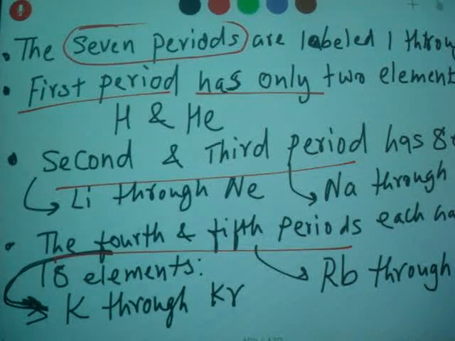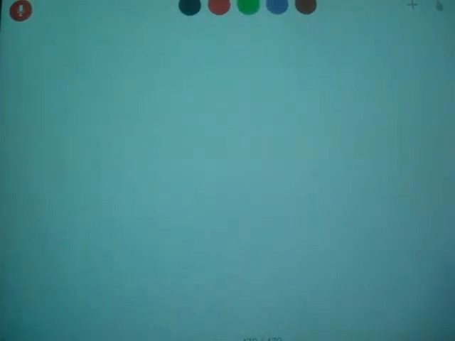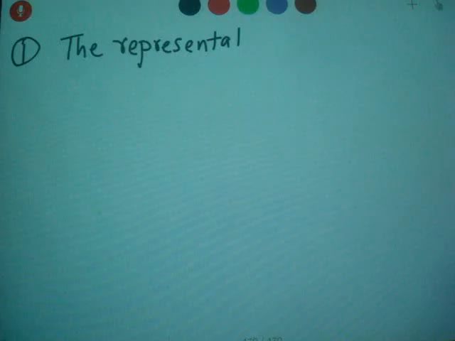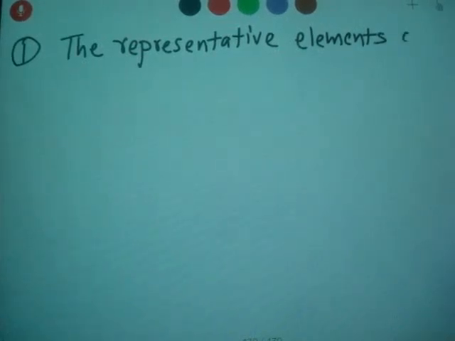Now let's work on grouping of the elements. There are several groupings of the elements. The first one we will talk about is the representative elements, also called main group elements.